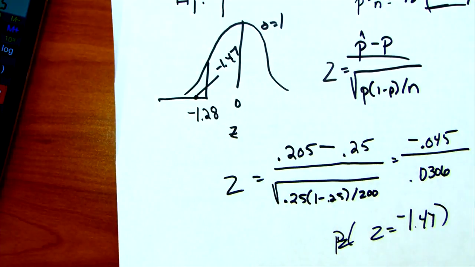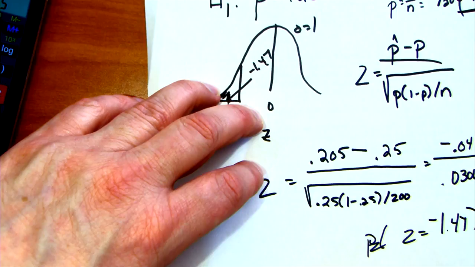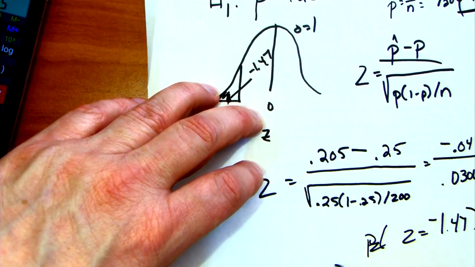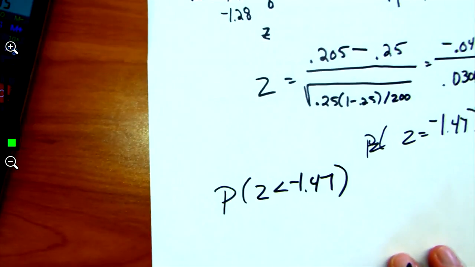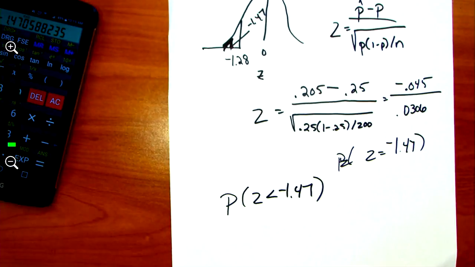So I want to find out exactly how much evidence I have. What value do I want to calculate to figure out exactly how much evidence I have? The p-value. The probability that z is less than, extreme in this case is less than, because I'm doing a left tail test, z is less than negative 1.47. Well, I just have to look it up on my table.